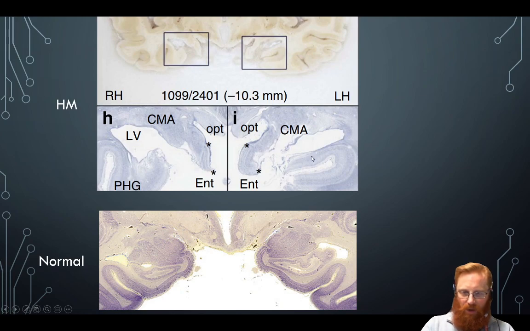And here you can see patient HM's, where we have the very top of the amygdala. I'm going to have to take their word for it. But the entorhinal cortex has been cut about here. And then the hippocampus has been removed, as has part of the amygdala. And so the lateral ventricle there and there is sort of continuous with the outside of the brain.